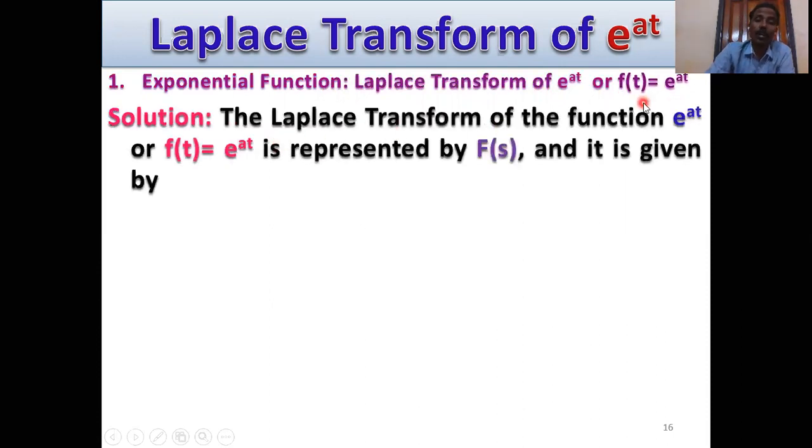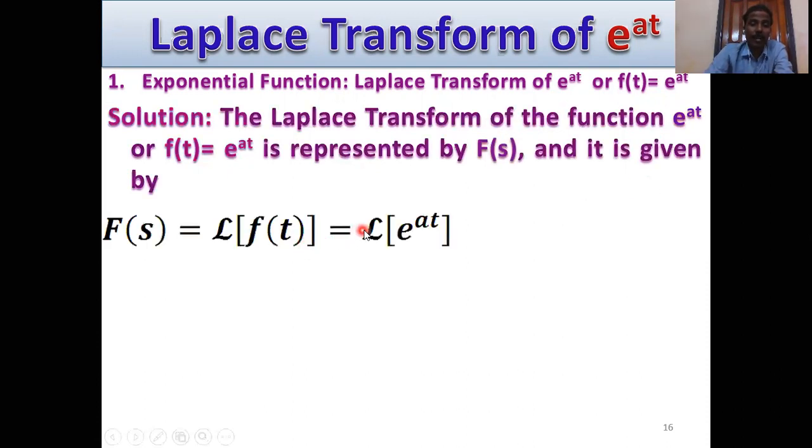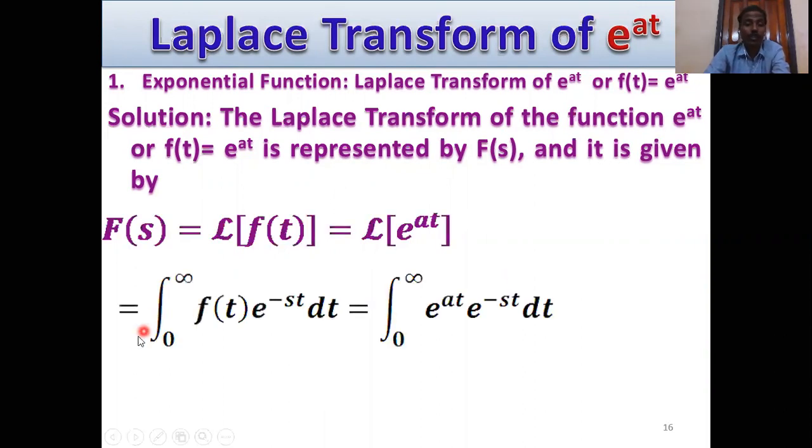It is represented by F of s, and the formula is F of s equals the Laplace transform of f of t equals the integral from 0 to infinity of f of t times e to the power minus st dt. This is the formula.